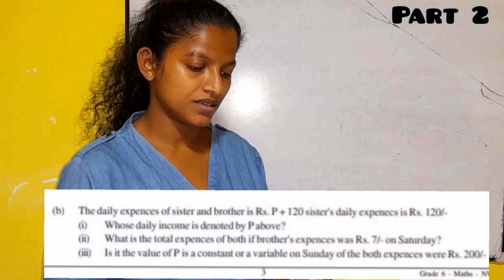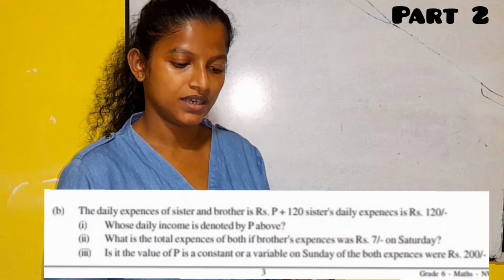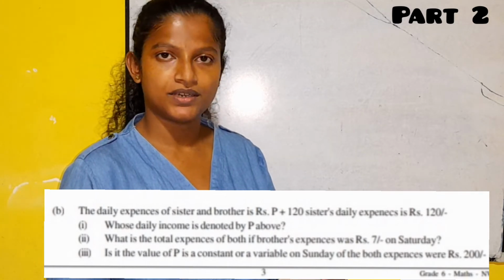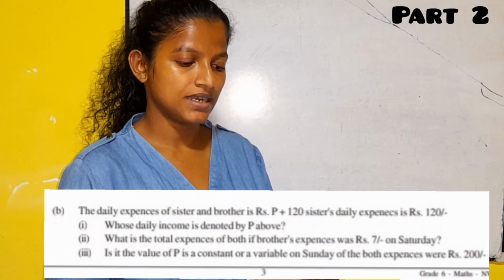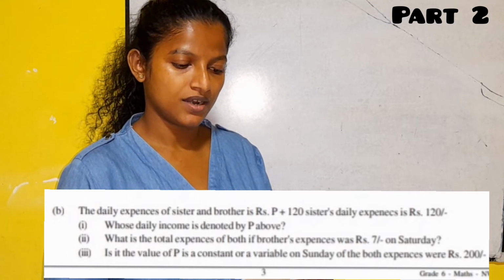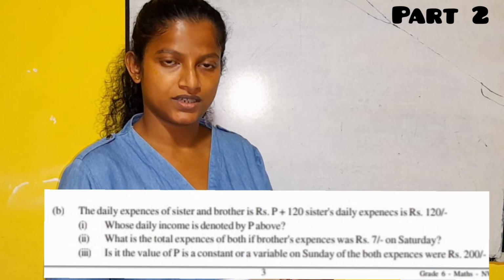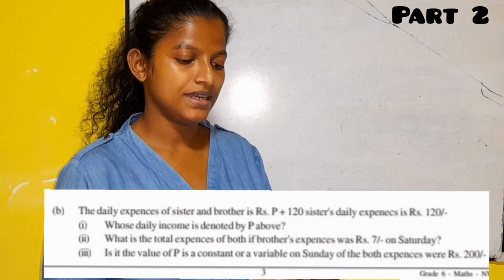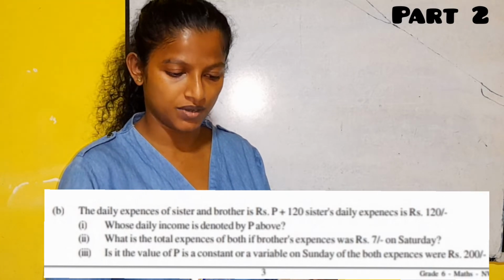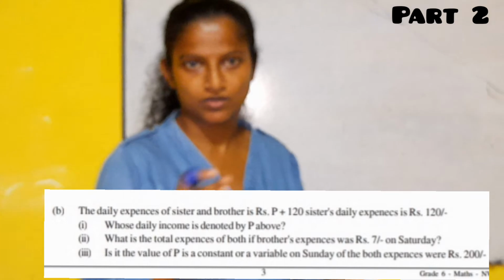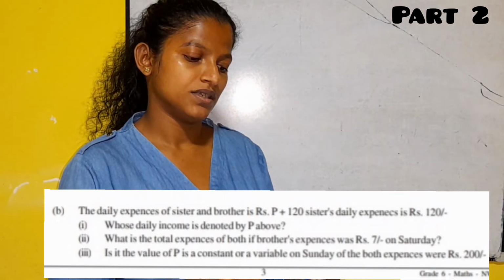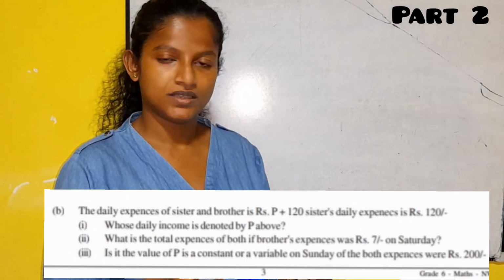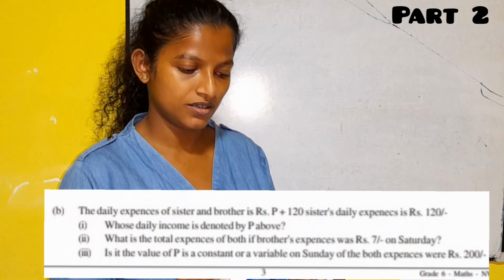Second question, B part. The daily expenses of sister and brother is P plus 120 rupees. Sister's daily expenses is 120 rupees. First question: whose daily income is denoted by P above? Brother's income. So the daily expenses of both of them is equal to P plus 120.